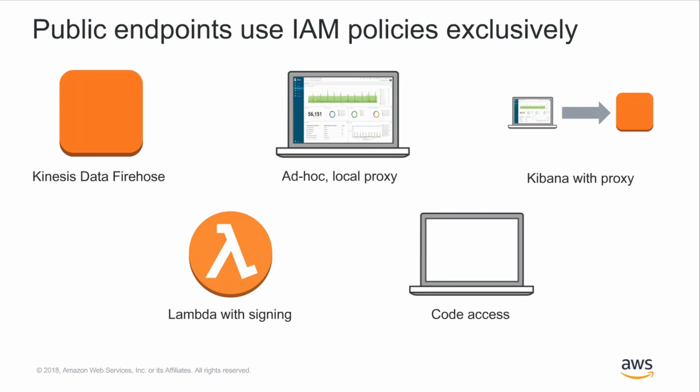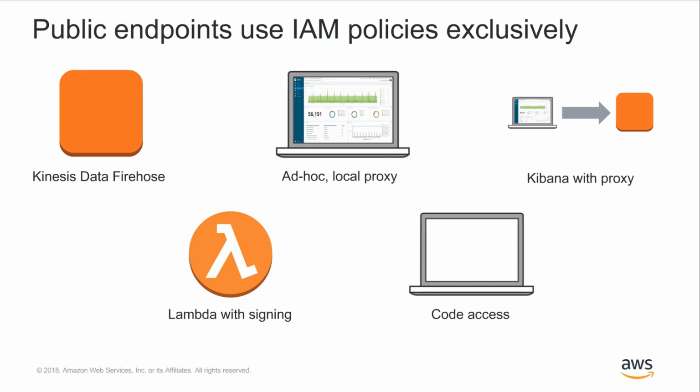So stepping back, if you have a public endpoint, again, your IAM policy is going to be your only means of gating access and doing authentication. So there are a number of different scenarios where that's in play. If you're sending data through Kinesis Data Firehose, then you're going to use an IAM policy to control the indexes that you can write to and how that data is going in.